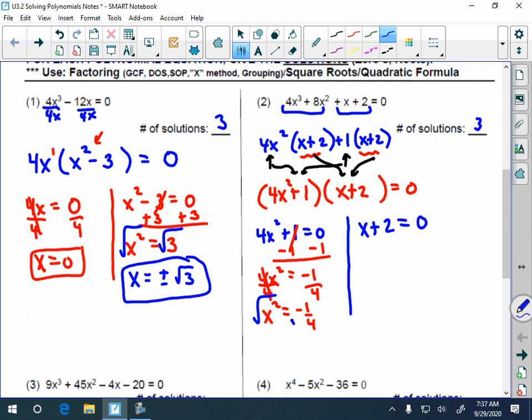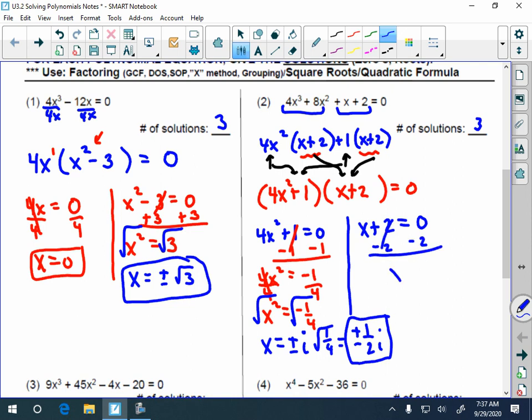Now remember, when you square root, I put plus or minus. I'm going to pull that negative out, i, and then I have the square root of 1/4, which will simplify down to 1/2. Okay, square root of 1 is 1, square root of 4 is 2. So that's plus or minus 1/2 i. Right? And then the other one we can subtract the 2 over. So x equals negative 2.